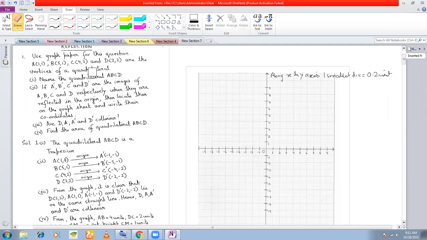Okay, now let us plot the points. Once we have drawn the graph according to scale, we'll plot our points. So the first point is A (1, 1). So A is here. Next point is B (5, 1). B, if you plot, it will be here.